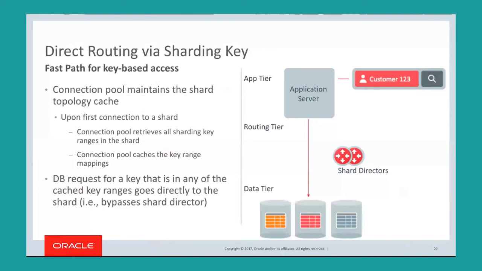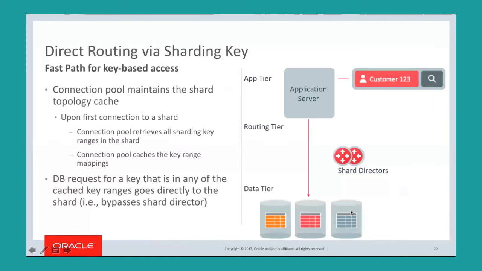Right? So that's how the connection pools update their memory structure with the updated information from the shard directors. And this all happens in runtime, real time. Okay? So that's how they know, here is the updated topology. And let's say Mary got moved to another shard, they will automatically route you to that particular shard.